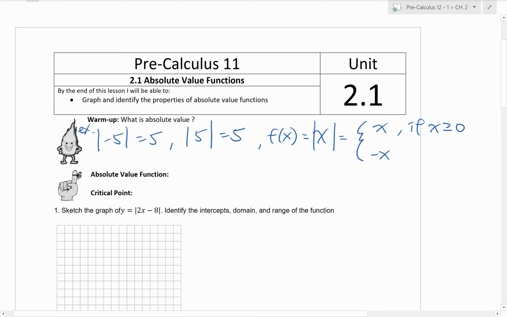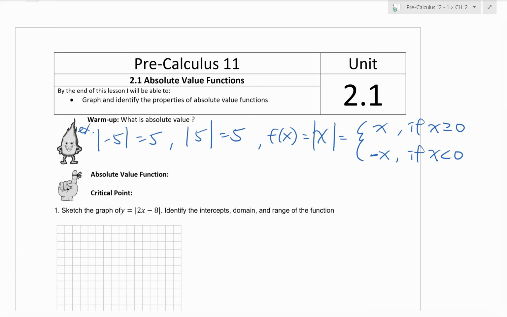Let's say, for example, if x was -5, then the absolute value of -5 is actually positive 5. And the reason why it's positive 5 is because we can rewrite it as a negative x. So if x was negative, then really the absolute value of x becomes negative x, right? So then negative of -5 will give you positive 5. And that's really how it works, right?